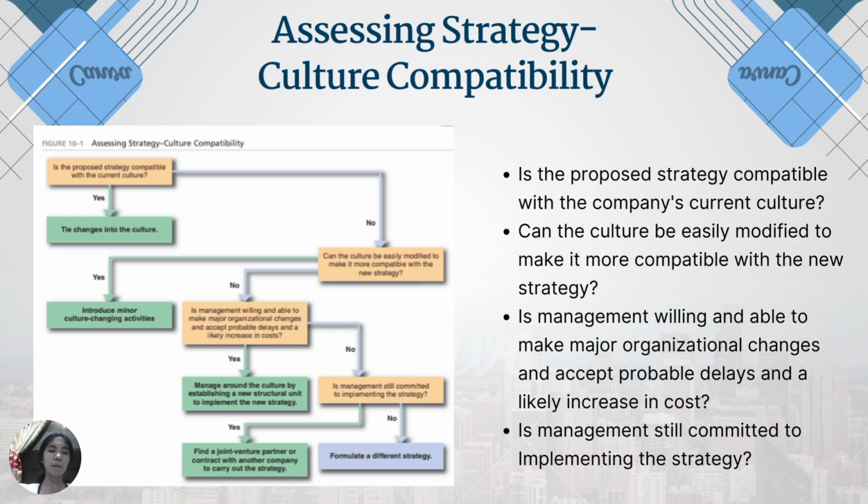If yes, the strategy needs to be done with as much speed and power as possible. If the new strategy will achieve the mission with the current culture, the strategy has no problem with its current company culture. And if no, then proceed to the next question.